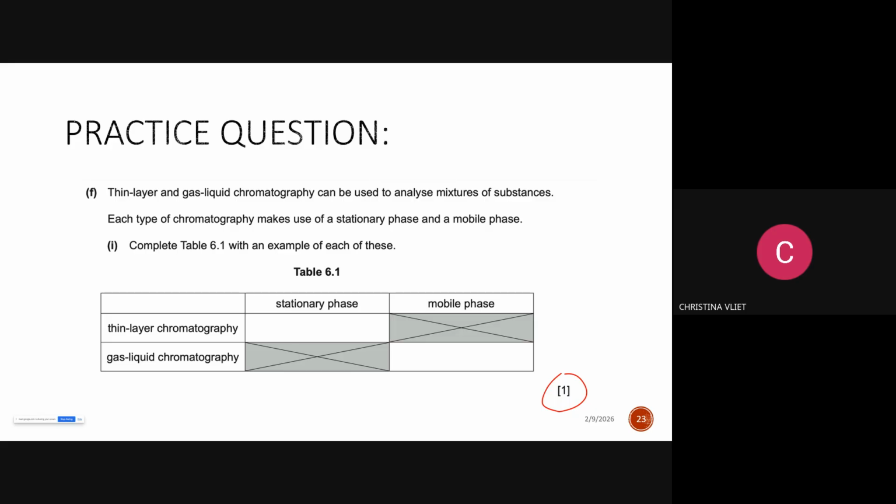You can either say alumina, Al2O3, which is what alumina is, or you can say silica, SiO2. So you could say Al2O3, alumina, or SiO2, silica. One of those two. Or means one or the other. So which one is this one made out of? Silica.